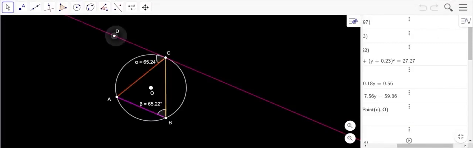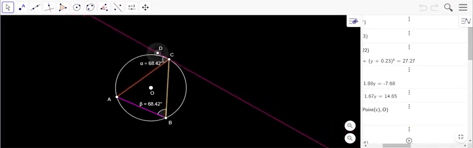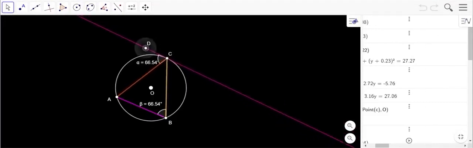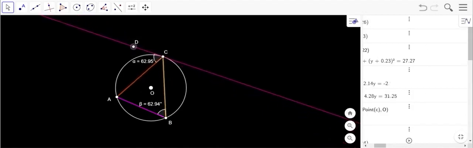Changing the position of D, there's not much happening here, but look at my angles there. Do you see? My angles become the same, and they don't really change.